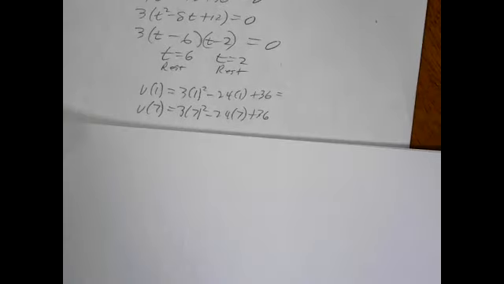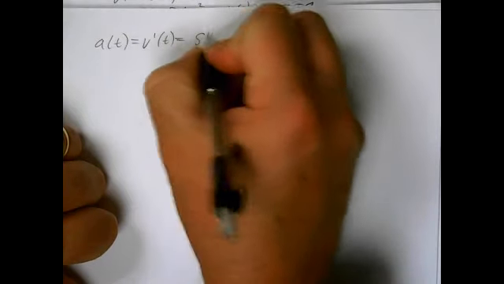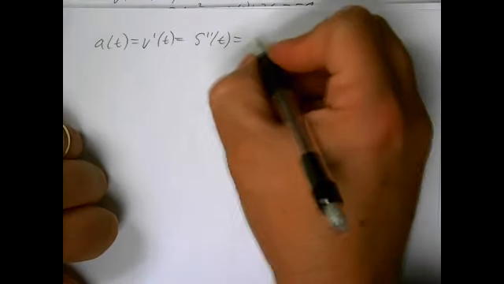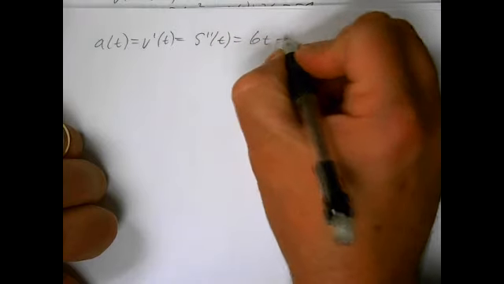So, long story short, we need to add to this an acceleration function. So, my velocity function was right here. And acceleration, therefore, is going to be the derivative of velocity, which is the second derivative of position. Acceleration is going to be, again using my shortcuts, 6t minus 24.